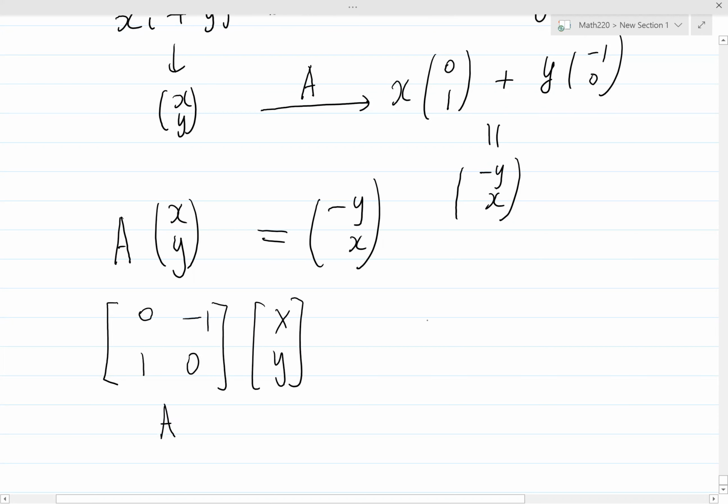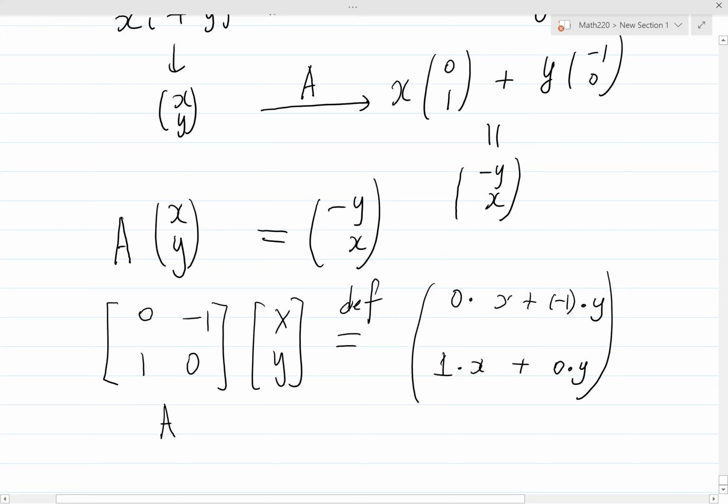So we see the multiplication should be defined. The result should be defined as 0 times x plus negative 1 times y, 1 times x plus 0 times y.